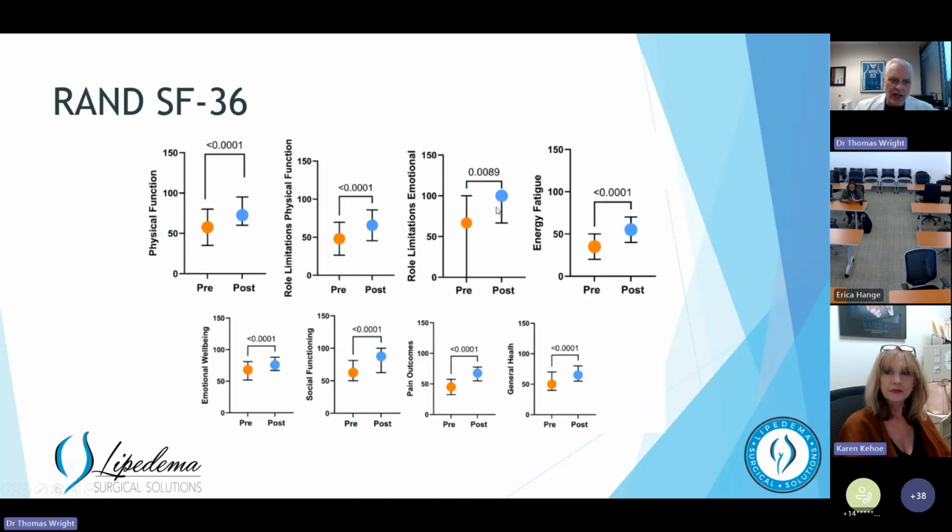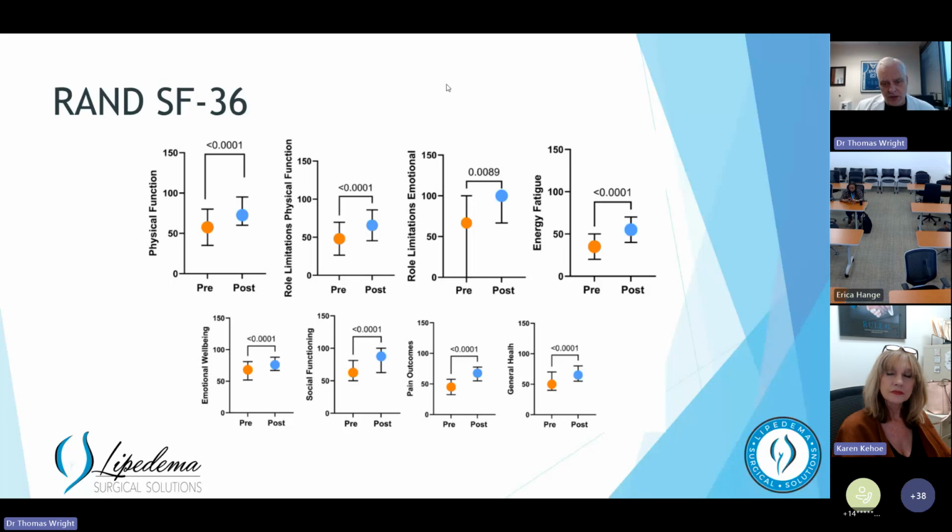Now, we also looked at all these domains of quality of life. There are 8 domains we looked at, from overall physical function, role limitations, energy and fatigue, social functioning and pain, general health.